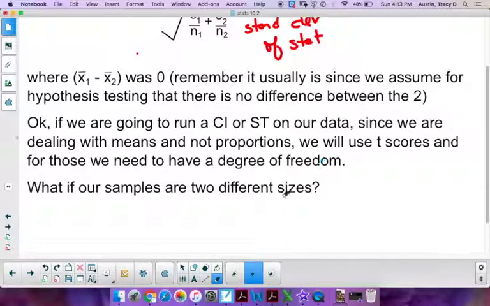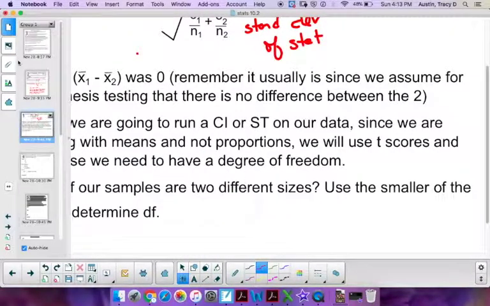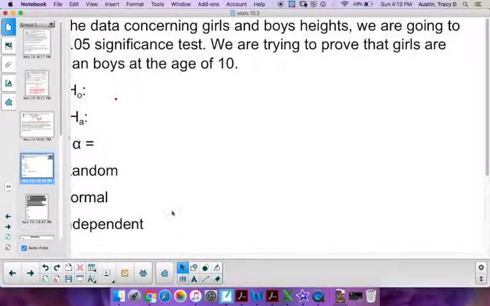It's very, very similar to that. You're going to use the smaller of the two samples, and that's going to be your degrees of freedom. So if you have a sample size of 40 and a sample size of 50, then you're going to use 40 for your degrees of freedom, okay? Or 39, rather. All right, so if you have two different sizes. All right, so let's go ahead and run this one, and then we will be done for today.